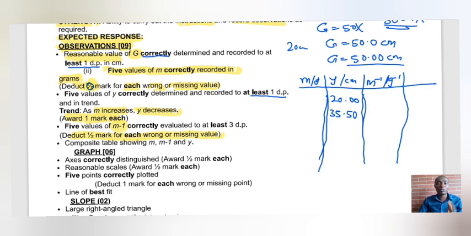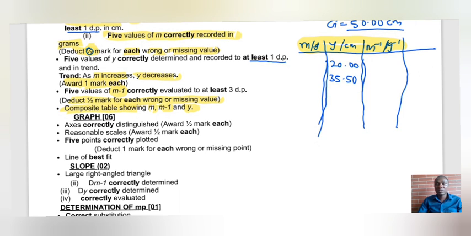So if there's a missing value or wrong value for M inverse, they're going to deduct half mark each. So your table should comprise M, M inverse, and Y. So these are the 3 values that are required to be put inside that table. So you must have at least all these values inside that table. If all these values are not inside the table, then that means your graph is not correct.